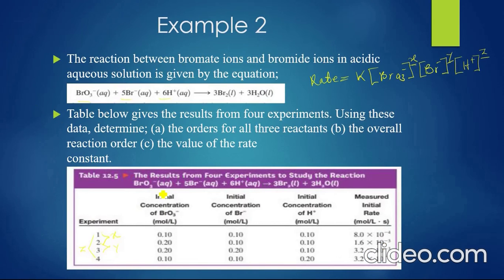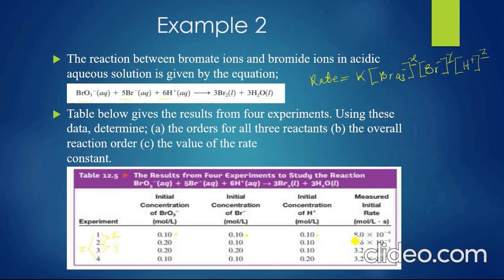So when we come here on experiment 1, we have 0.10, that's our initial concentration for the bromate ion, and for bromide the initial concentration is 0.10, that's the one you're going to use.